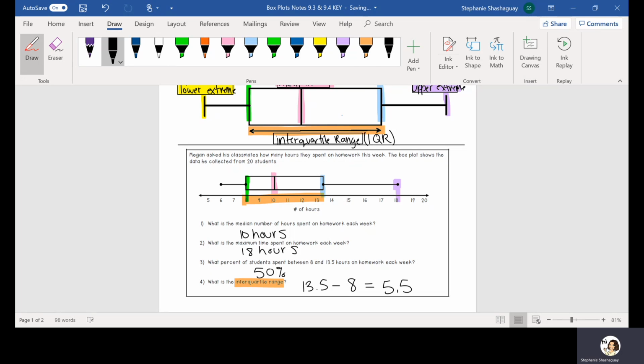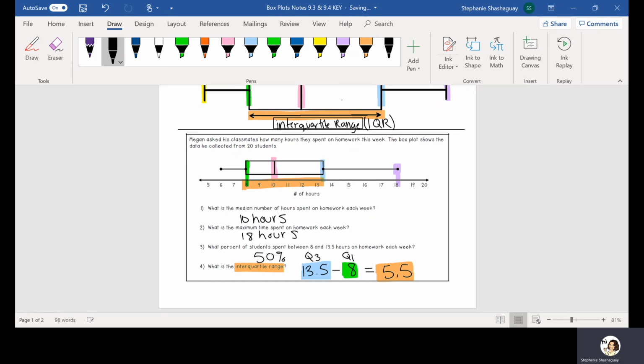So our interquartile range, our IQR, is 5.5 because the 13.5 is our Q3, okay, and the 8 is our Q1. So to find our IQR, we just subtract Q1 from Q3. All right, so our first example problem is finished.